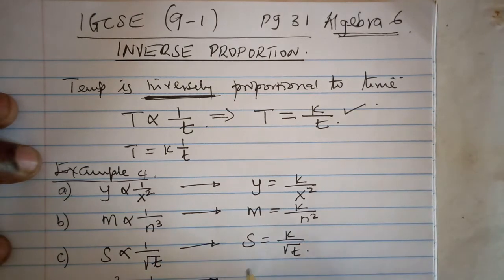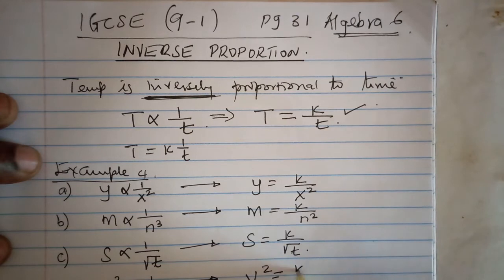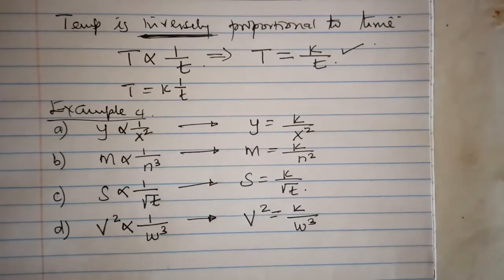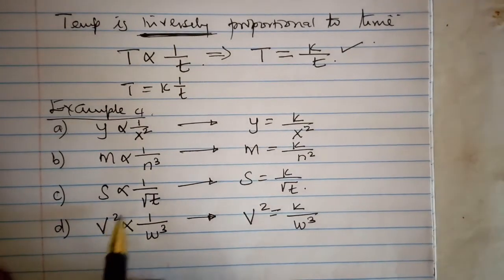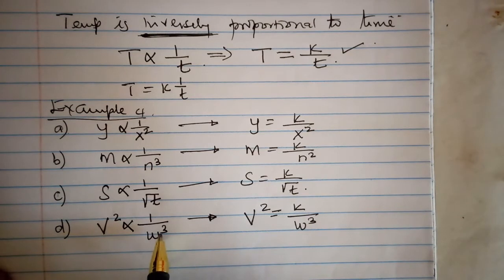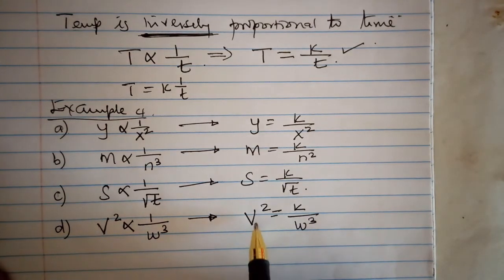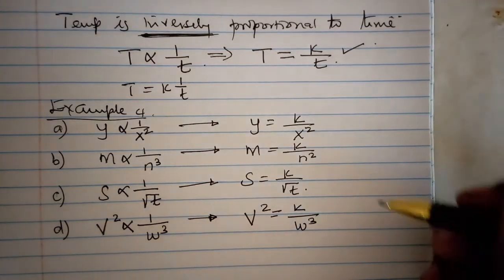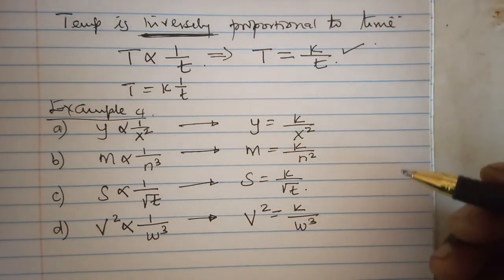And of course, when we bring in the k, this becomes v squared is equal to k over w cubed. V squared is inversely proportional to the cube of w, and when we bring in k, v squared is equal to k all over w cubed.